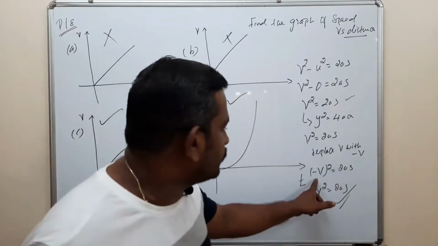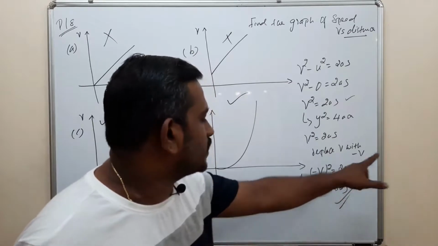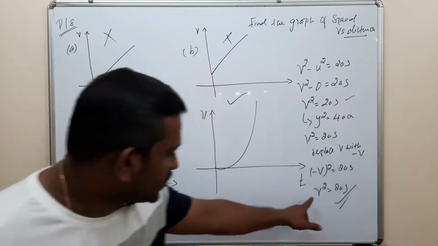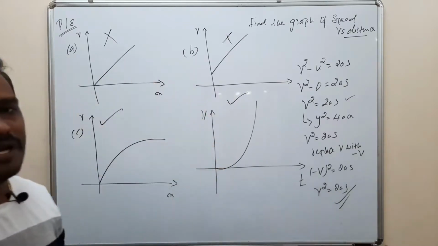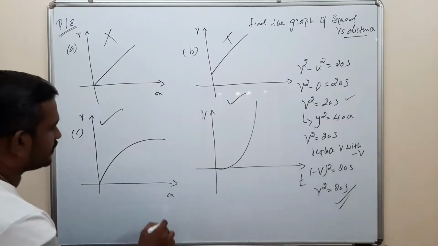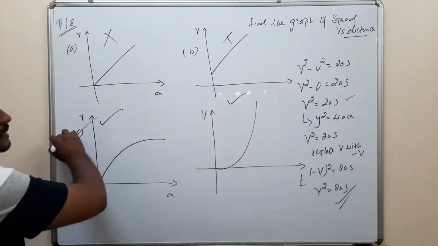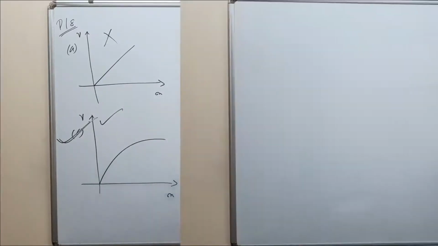For that I replace v with minus v. So minus v square is equal to 2as, so v square is equal to 2as. From this we can conclude that the parabola is symmetric about the displacement axis. This is the answer. Clear?